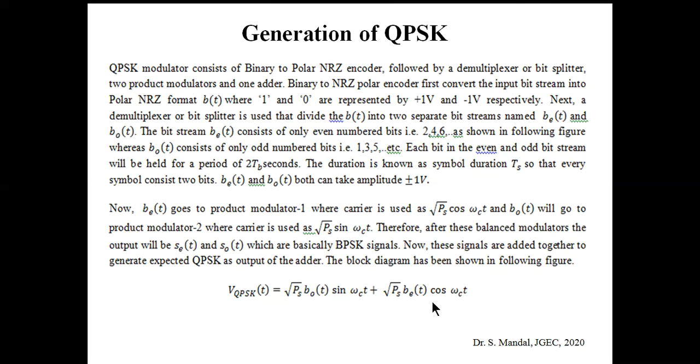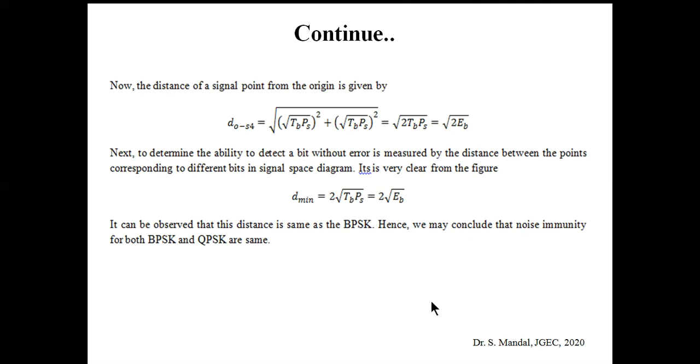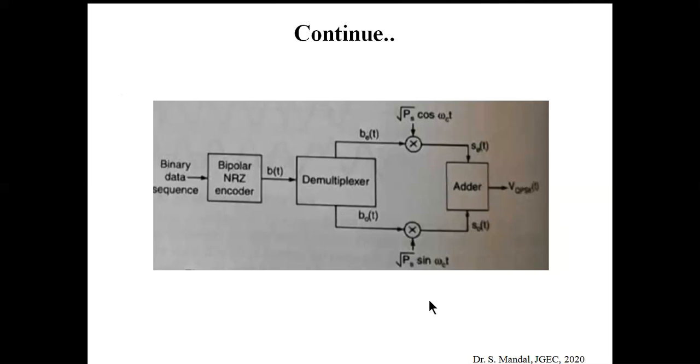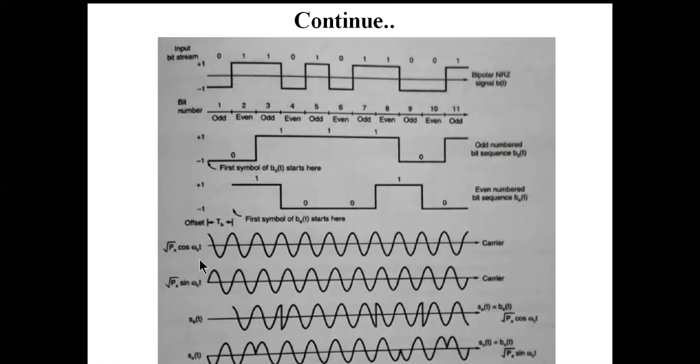Clear? Okay, so this is the block diagram for QPSK generation. Here you can see that this one is root Ps cos omega ct, and this one is root Ps sin omega ct.